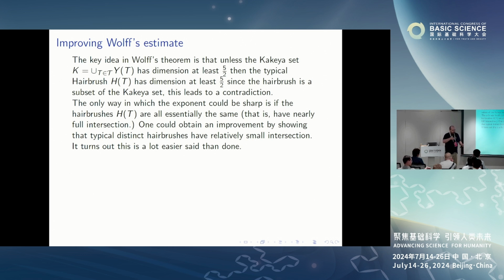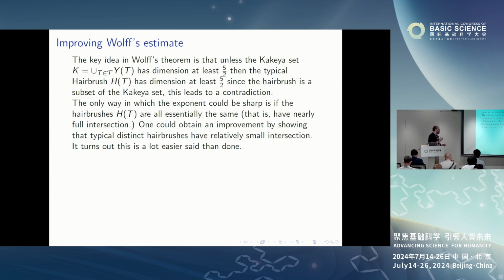And all of the hairbrushes have to be the same, roughly. I mean, they don't have to be perfectly the same because I can lose a delta to the epsilon somewhere. But typically, there has to be very large intersection between any two hairbrushes. And you start to think about that, and you wonder, can this happen at all?